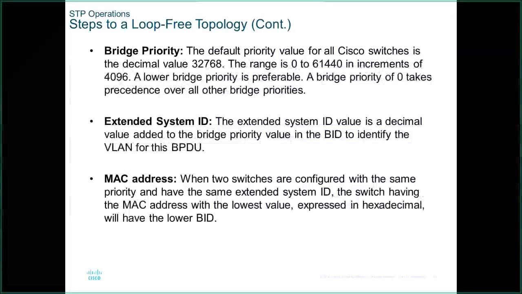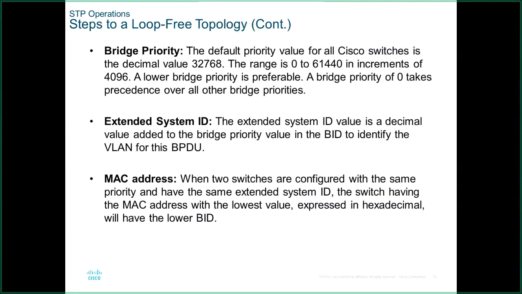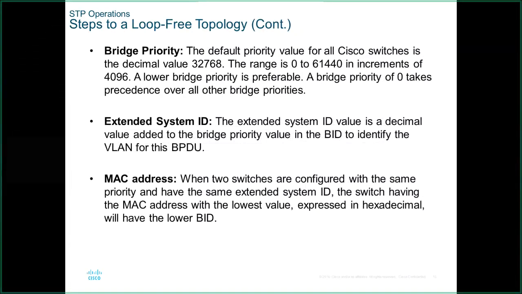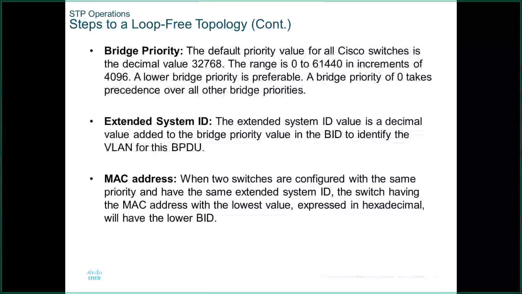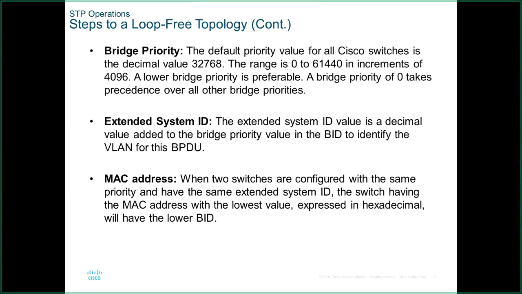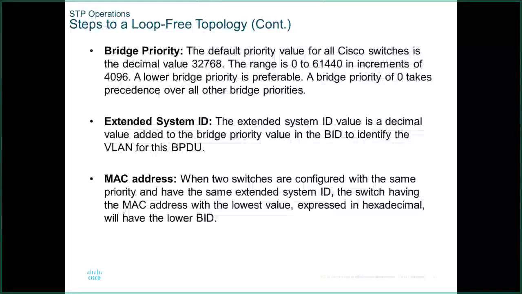Alright, so not only do we have the priority that the bridge generates, as in the default 32,768, it then adds the VLAN ID number to it, and then adds the MAC address. And this is what it uses to determine who has the priority for becoming root bridge. Remember, the lowest value equals the root.